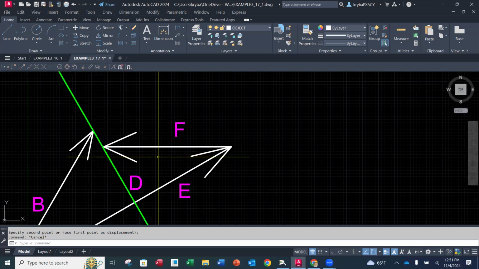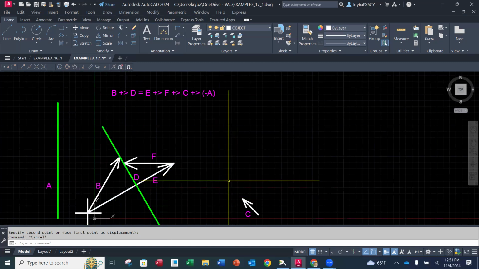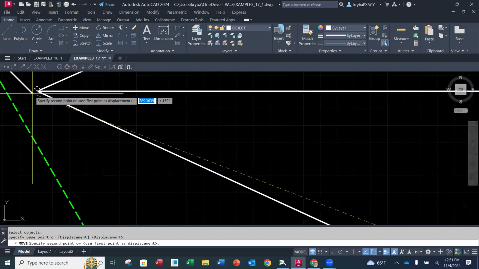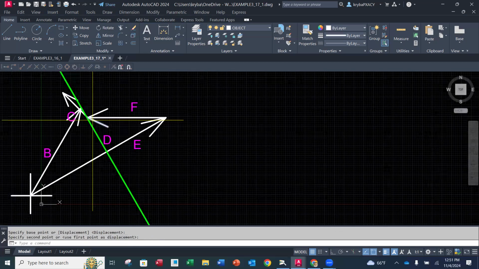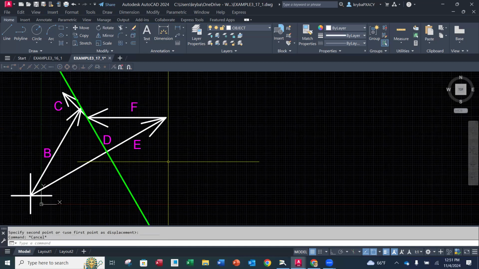Okay, so make sure when we add C that we go to the end point of F and we don't get it on D. So now I'm going to move C and its tail is going to go to the end point of F. Okay, yes, crossing things here. So I'm going to move my C out here temporarily.